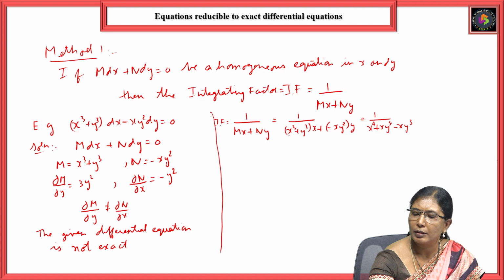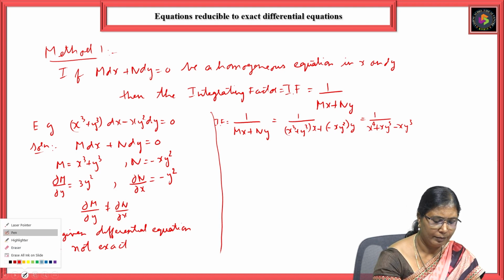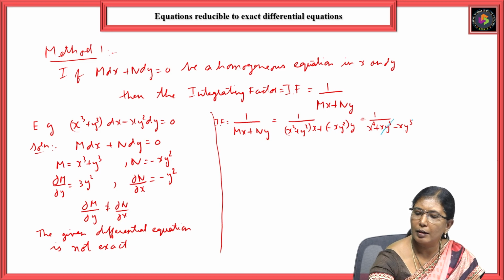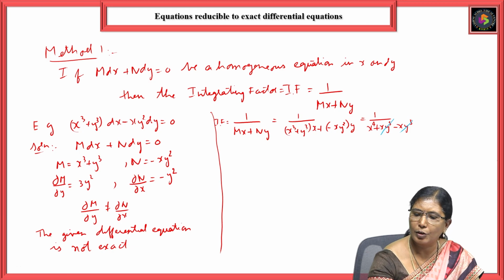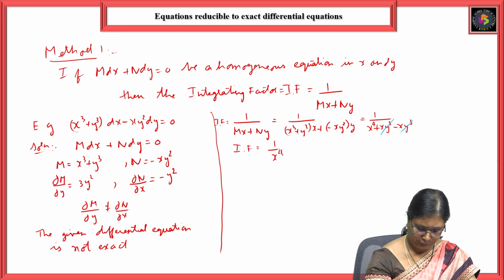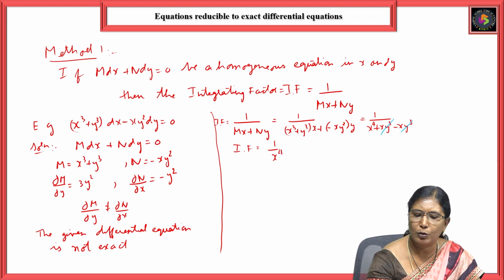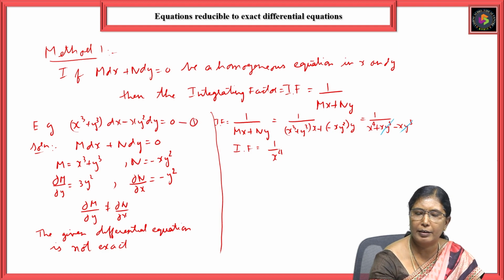So these both get cancelled, x y cube gets cancelled. So now what is the integrating factor? It is nothing but 1 by x to power of 4. This 1 by x to power of 4 you should multiply to equation 1. When we multiply, it reduces to exact.